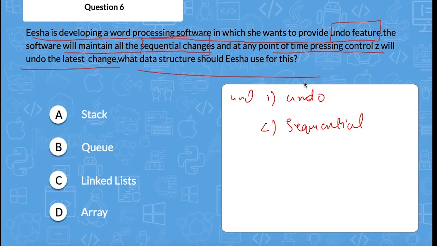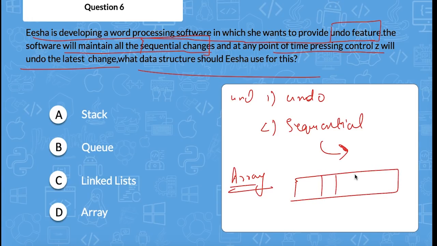So when we say sequential, what comes to my mind? An array is a sequential type of data structure, because we have the zeroth position, a0, a1, a2, a3, a4. A linked list is not sequential, because pointers are there. If you change the pointer, it can be anywhere, because pointers are not sequential at all.